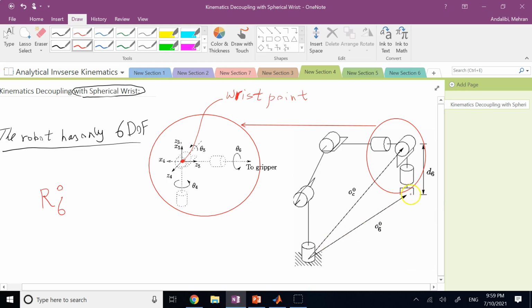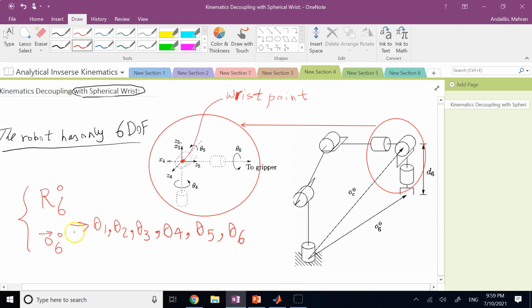Also, I give you the position of the end effector in the base, O of 6 in 0, correct? And then I ask you for theta 1, theta 2, all the way to theta 6. And you know that here you have to solve 6 equations and 6 unknowns, and your equations are going to be highly nonlinear.